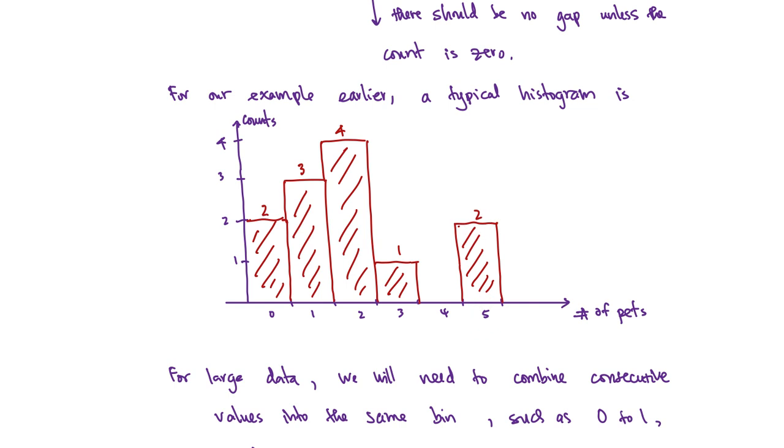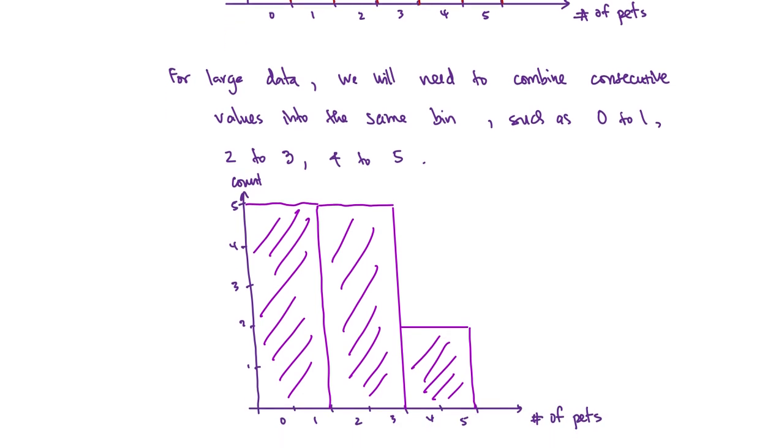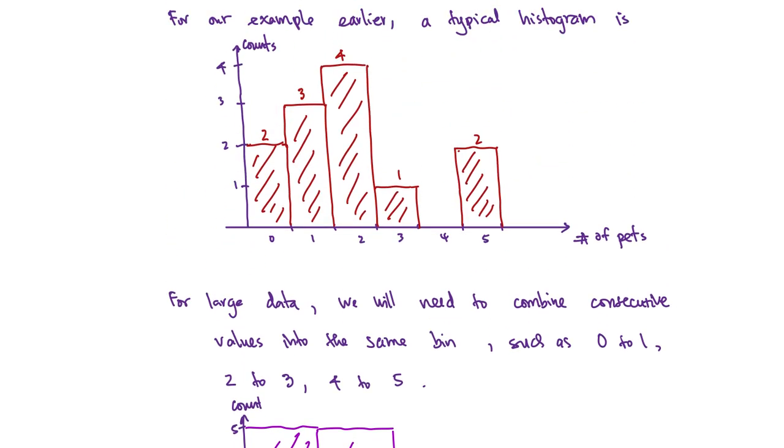Now, for large data sets, we will need to combine consecutive values into the same bin, such as in this case 0 to 1, 2 to 3, 4 to 5. If we combine values 0 and 1 into the same bin, then from 0 to 1 we now have 5 counts.